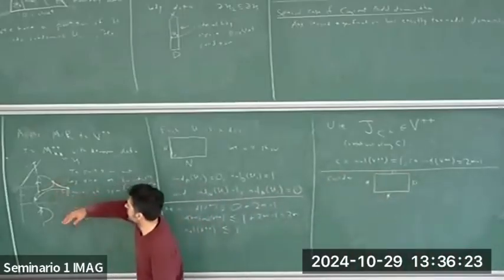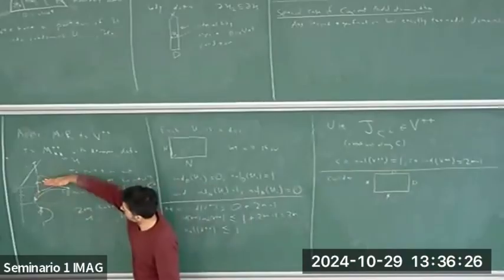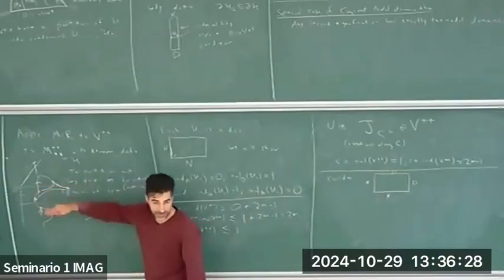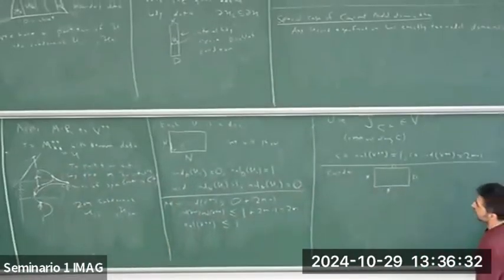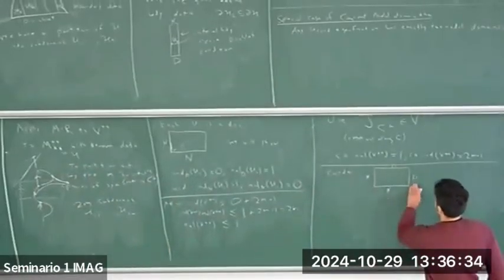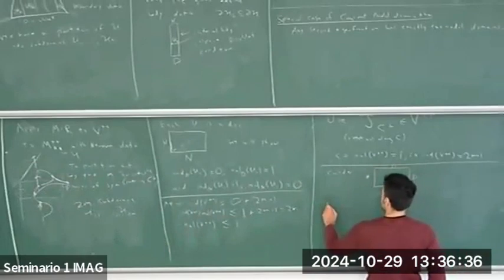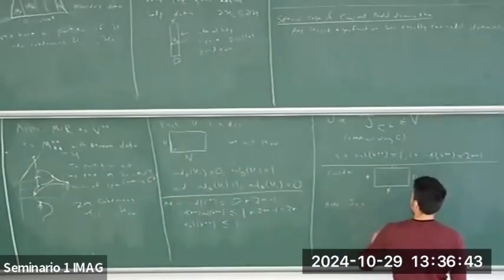So I'm going to impose the Dirichlet condition on the curves that I get when I cut these horizontal spheres of symmetry. JC perp.